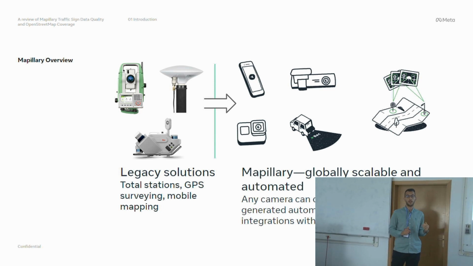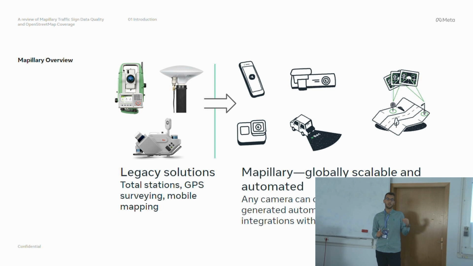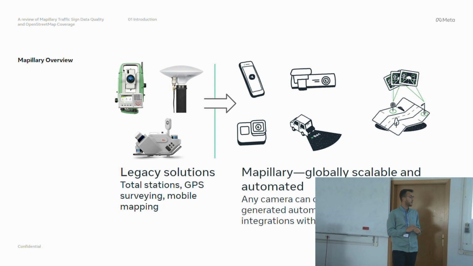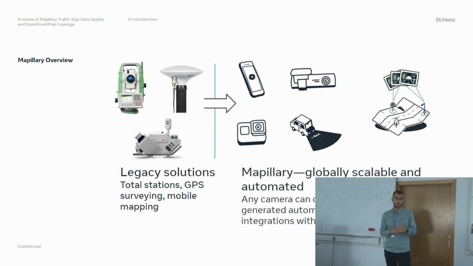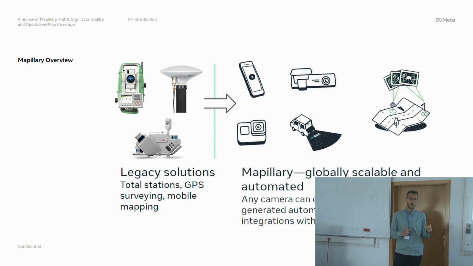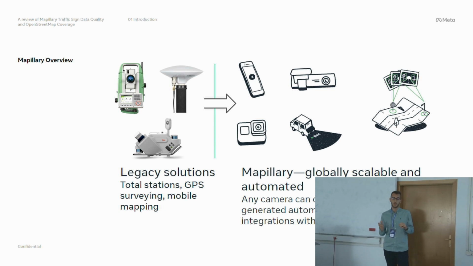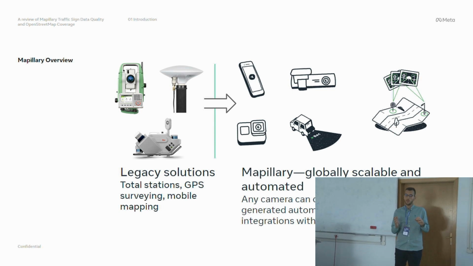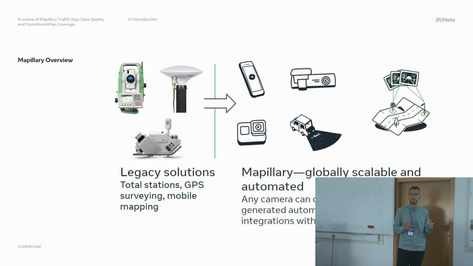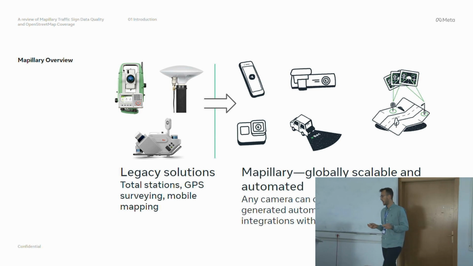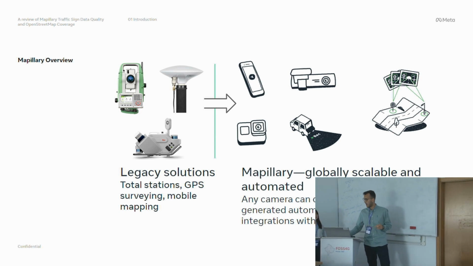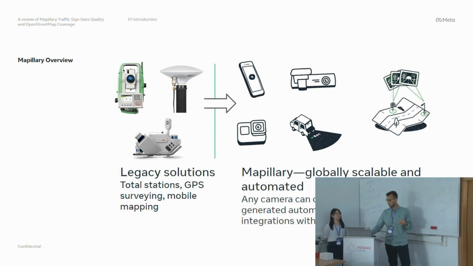But you don't necessarily need highly accurate data for every use case. So Mapillary does map data generation based on your purpose with computer vision and ML. In this talk, we are going to cover the accuracy of Mapillary-generated map data and how it can be suitable for improving OSM.